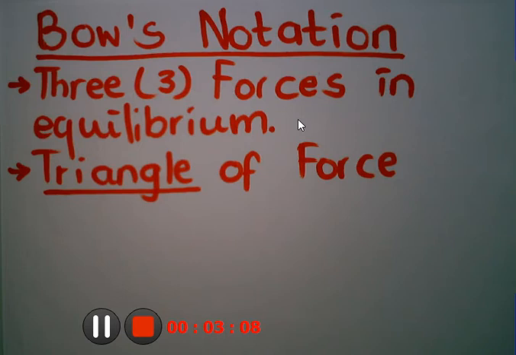Now when they say taken in order, you are not going to take one force and then jump to the other one. We take them either clockwise, I repeat clockwise, or in an anti-clockwise direction. That is how we are going to take our forces.